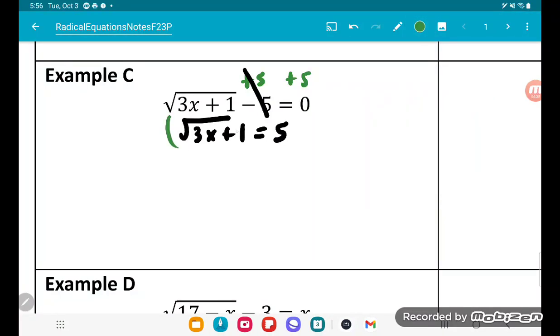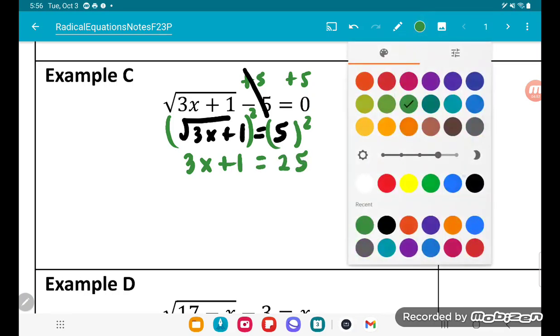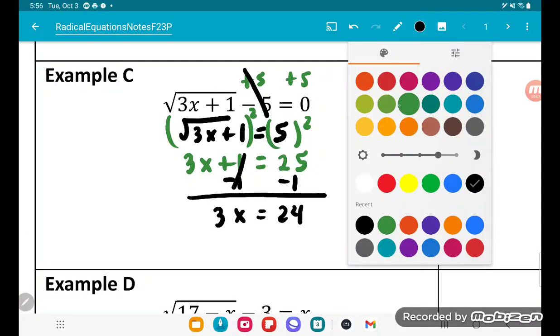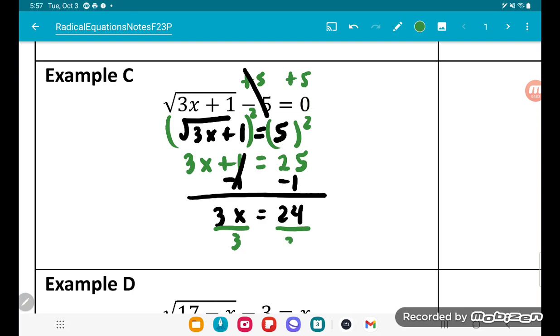Now, I can square both sides because the radical is on the side by itself. Undo the radical by squaring. So 3x plus 1 equals 5 squared, which is 25. Subtract 1 from both sides. 3x will equal 24. Divide both sides by 3. x equals 8.